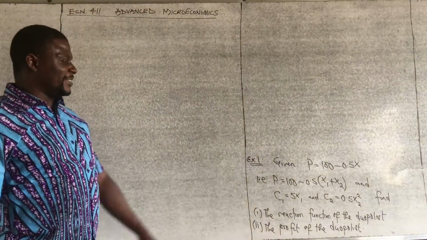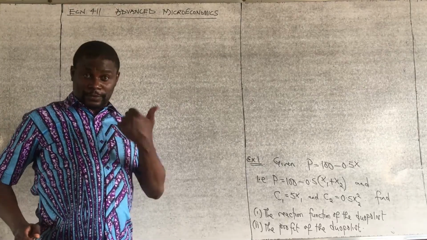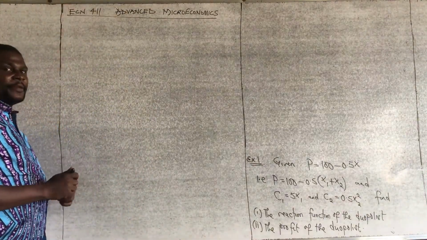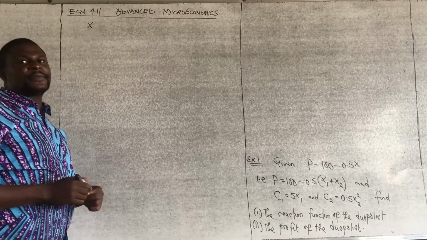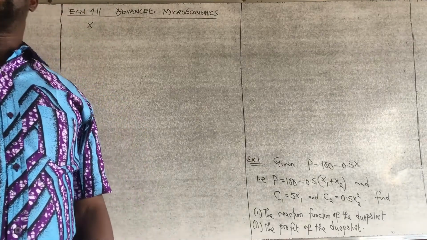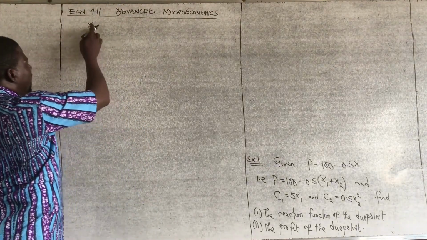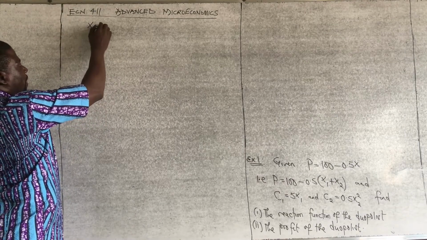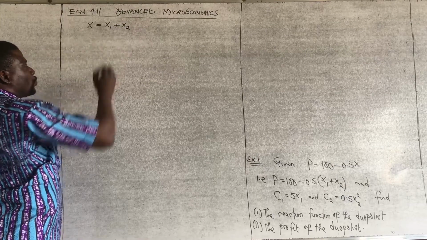Okay, now let's solve this together. First thing I need to explain to you is that when you see X, X means quantity. X represents the quantity that the seller is producing. So when you see X, X means X1 plus X2.